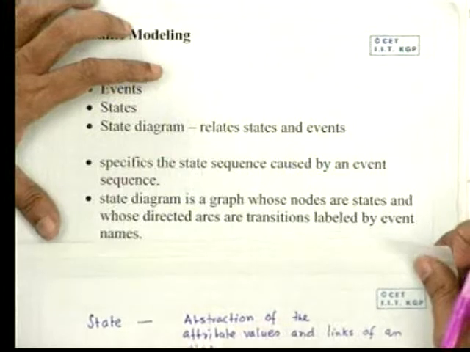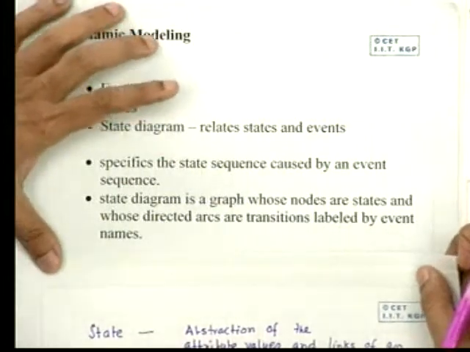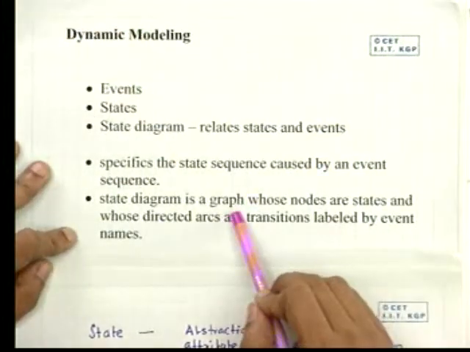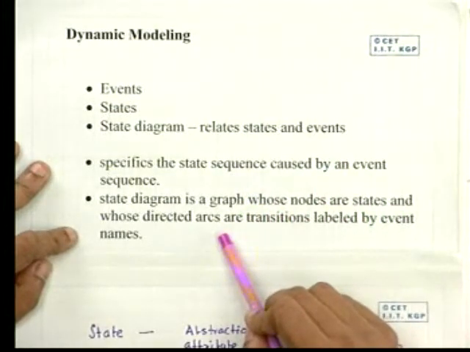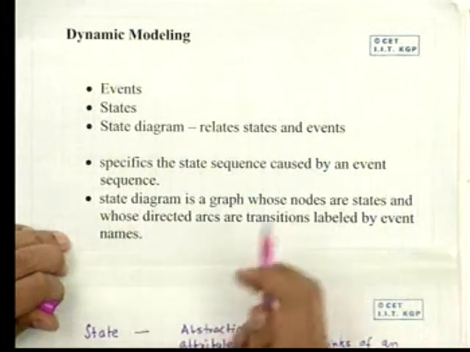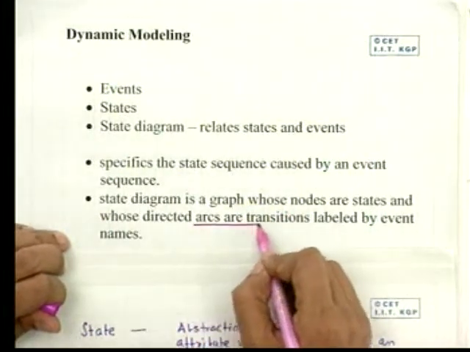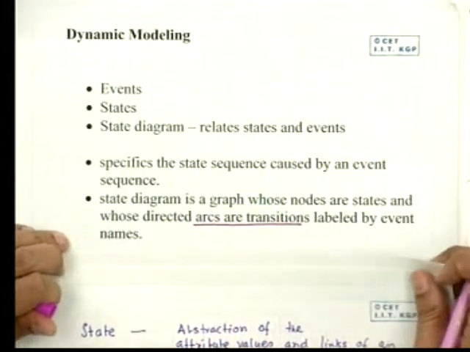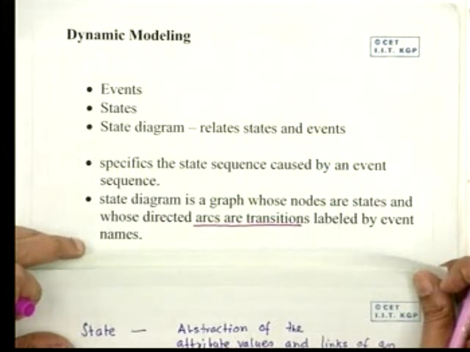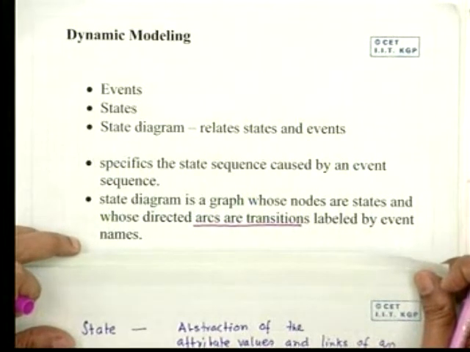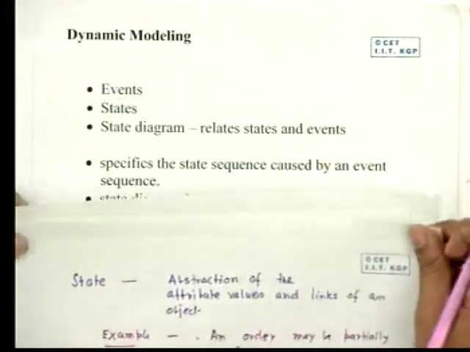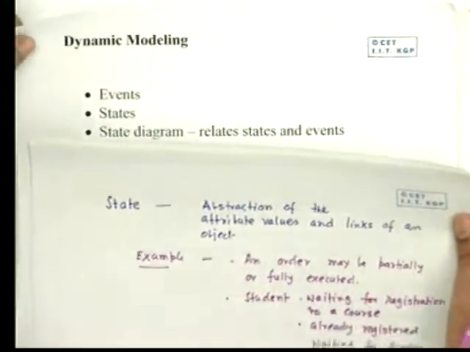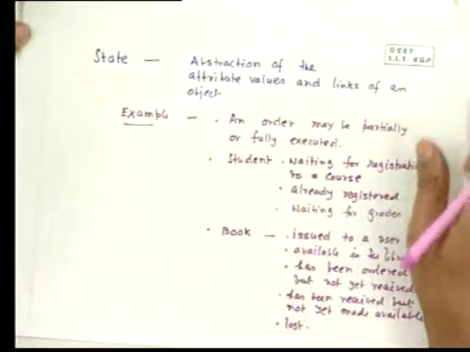As we'll see slowly, one can define a state diagram as a graph with the nodes as the states and with the directed arcs, which are called transitions, labeled by the event names, meaning that whenever that event occurs, it will undergo such a transition. That will describe the dynamics of an object.